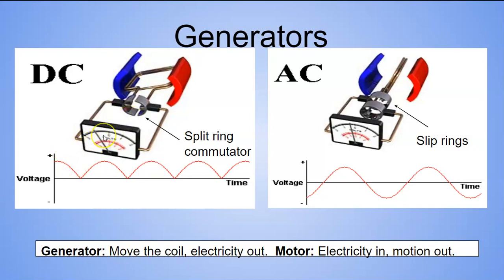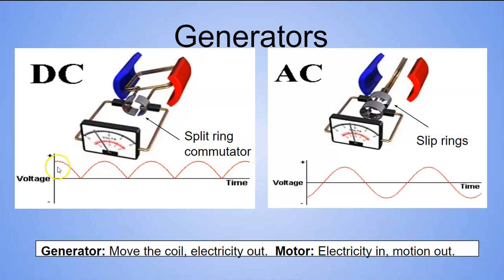Then when it turns a little bit farther, you can see that this split ring commutator switches sides. So the half of the ring that was here would come over to this side, and now my loop has turned over, so it's still going to push current out this way, and it just keeps pushing current out this side. Every half turn I get a little pulse, so I get boop, boop, boop, and I get all these positive pulses. That's not quite DC.